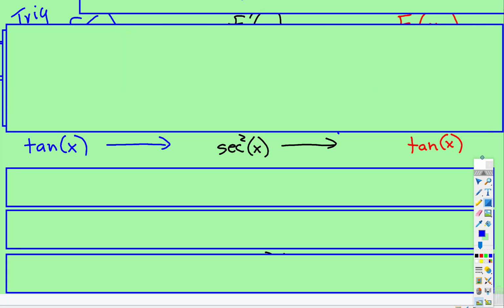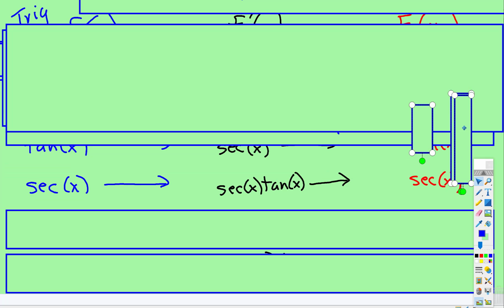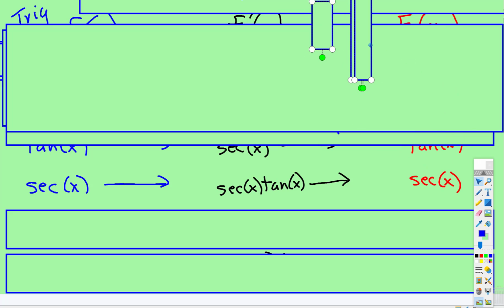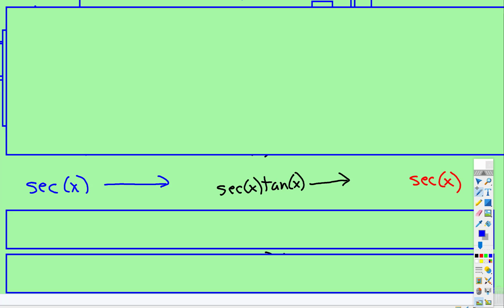All right. Again, when there's negative signs involved. So secant x, the derivative of secant x is secant tangent.